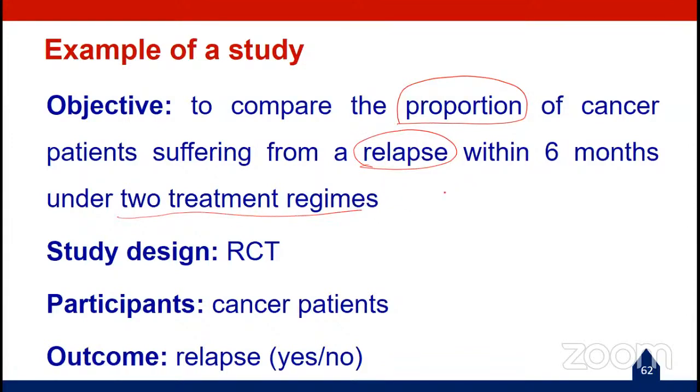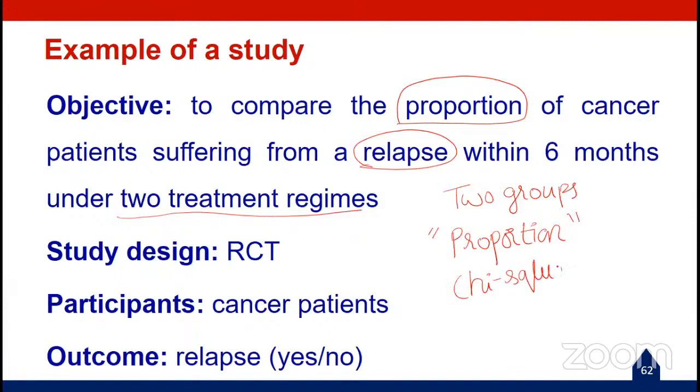Here also we have two groups and we are comparing the proportion. So which test is used to compare two proportions? It is a chi-square test.